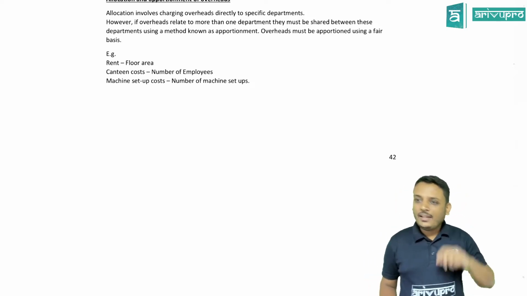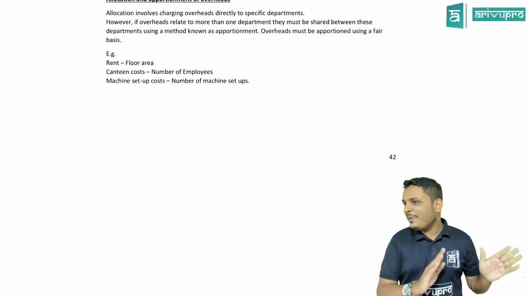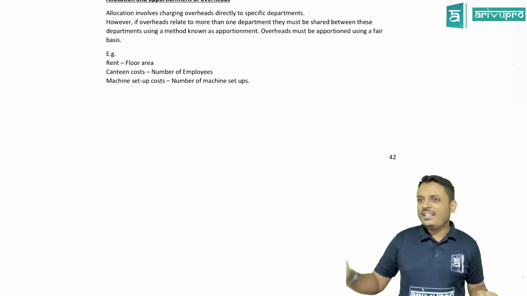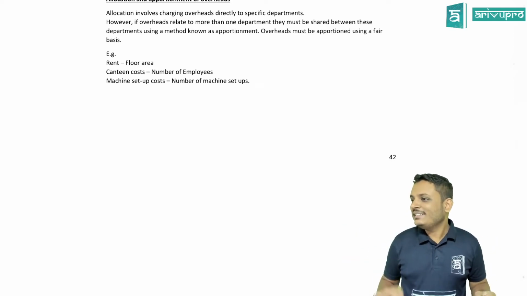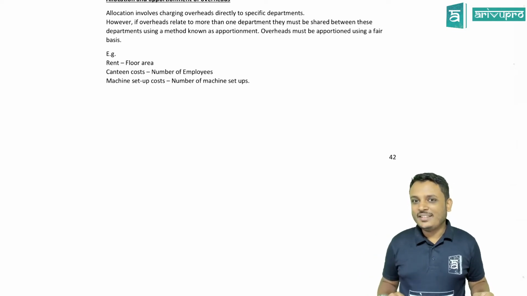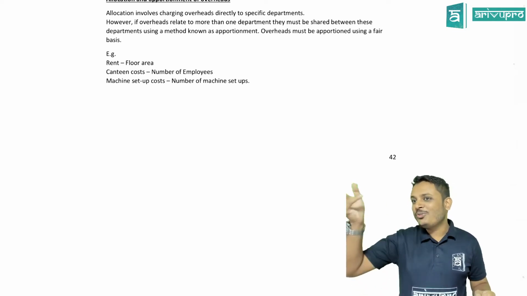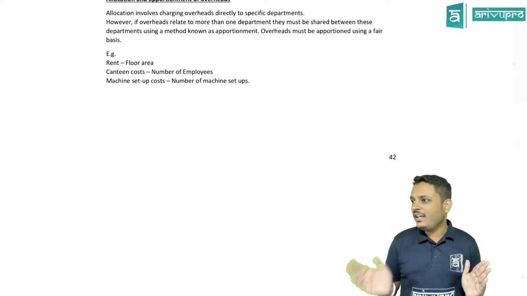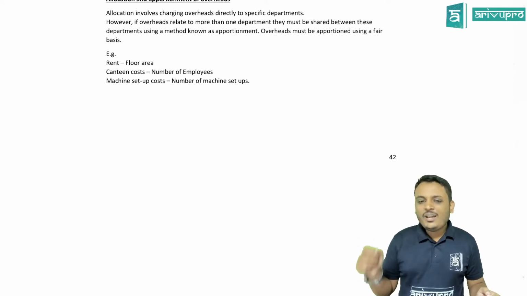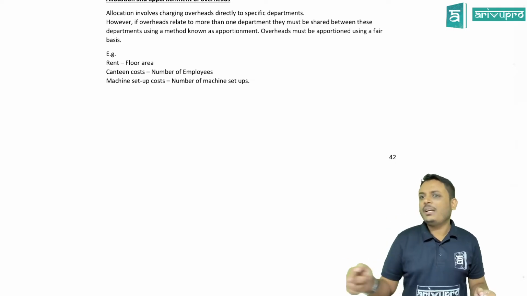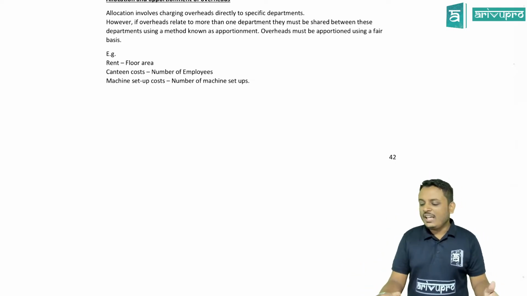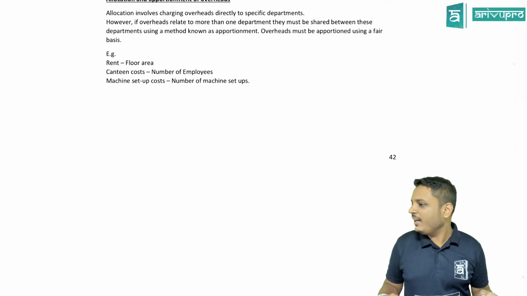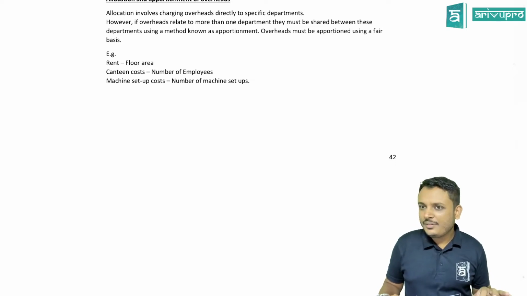If you go to a factory, the factory is a production department, yes or no? Within the factory, you have a canteen, a service department. That canteen is not selling goods to outsiders, only to the factory. So it is a facilitating department. Any cost directly incurred for that production or service department, we can allocate. Understood?